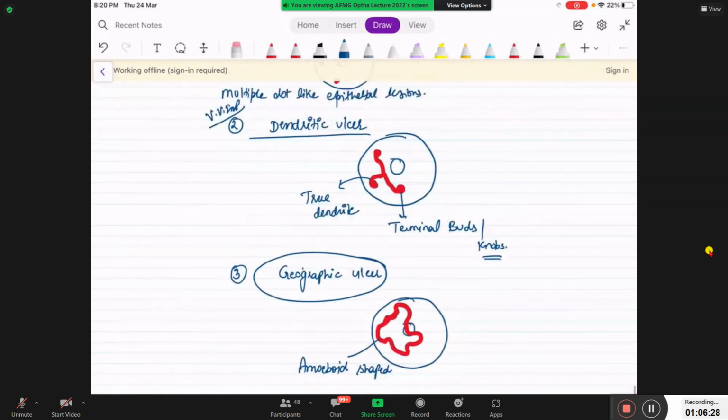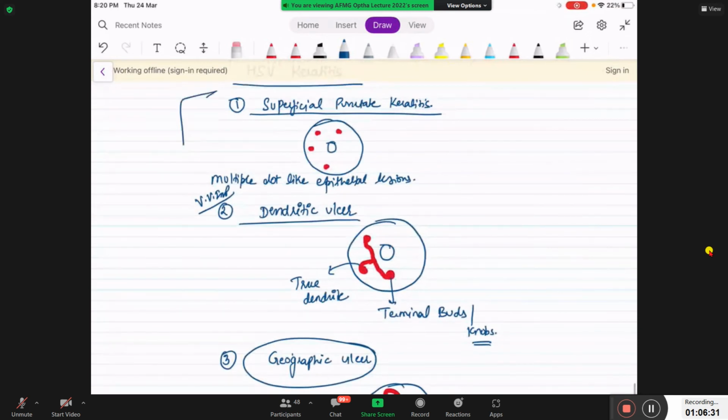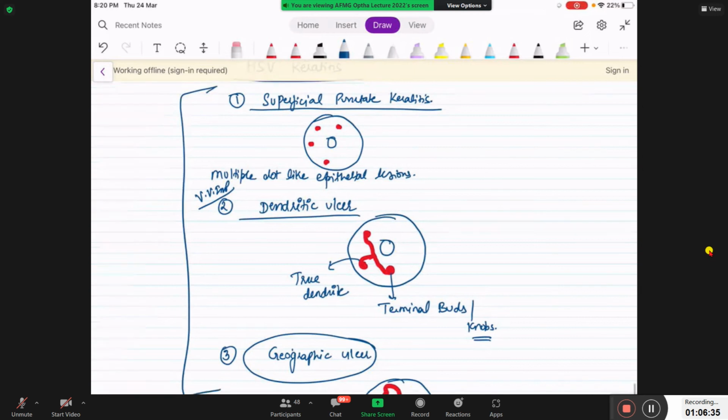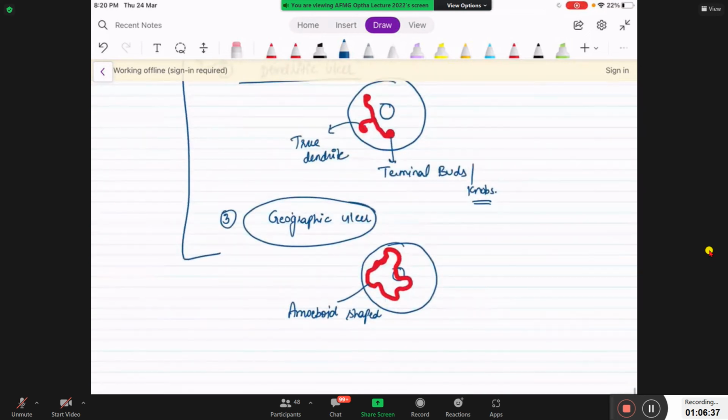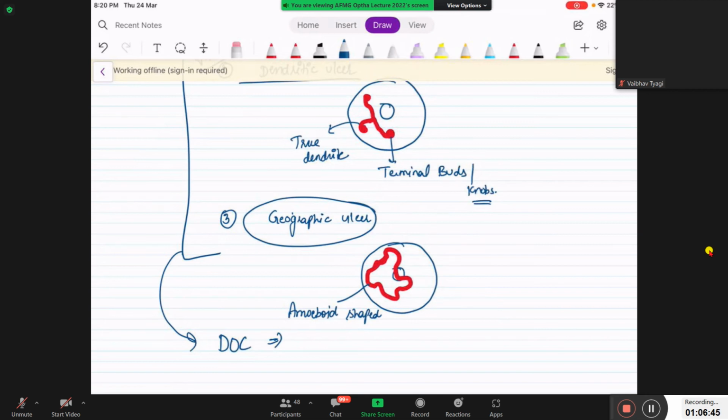So in all these three types, three subtypes of HSV keratitis, write down, the drug of choice will be, now you will tell me the drug of choice in viral corneal ulcer.